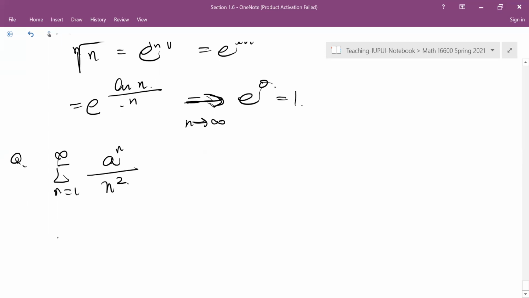You can use a ratio test. You can also use a root test.